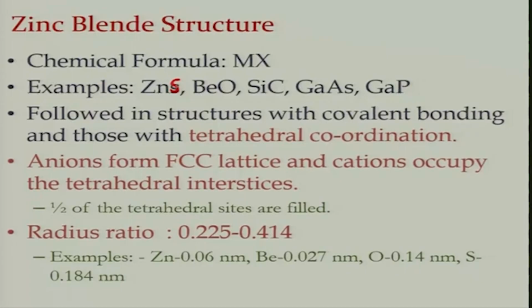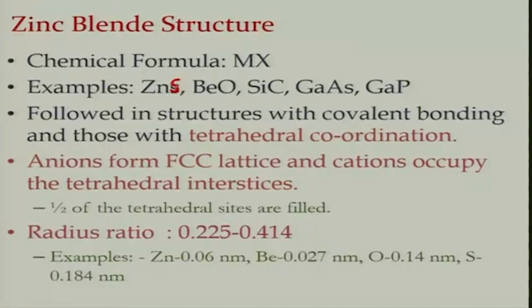Many materials, especially group 4 semiconductors, when they make compounds, and even 3-5 semiconductors, make this zinc blende structure. And generally this is followed in materials with covalent bonding, where you have tetrahedral coordination of atoms.